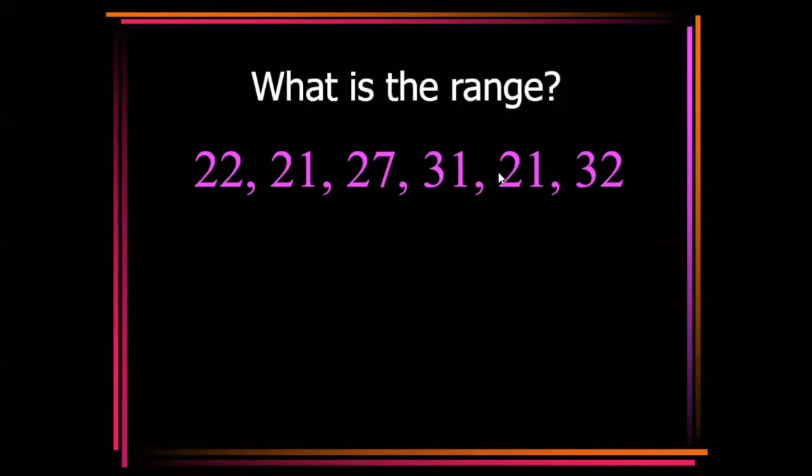Good job, Elizabeth. I love that Elizabeth showed me the steps in her answer. Everyone is just jumping to the answer. We are on range. We are calculating the range of this question. So our first step is to arrange the numbers from least to greatest.